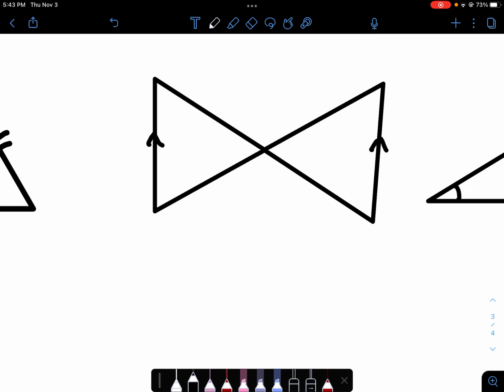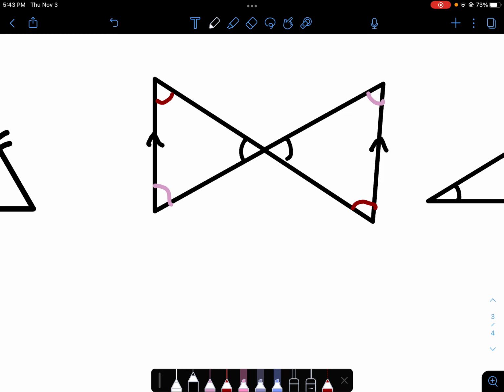What about this one? We can use our knowledge of angles to determine this. So we automatically know that this equals this. And seeing that it's two parallel lines, we know that this equals this. So finally, using the sum of angles in a triangle, we would know that this angle equals this.